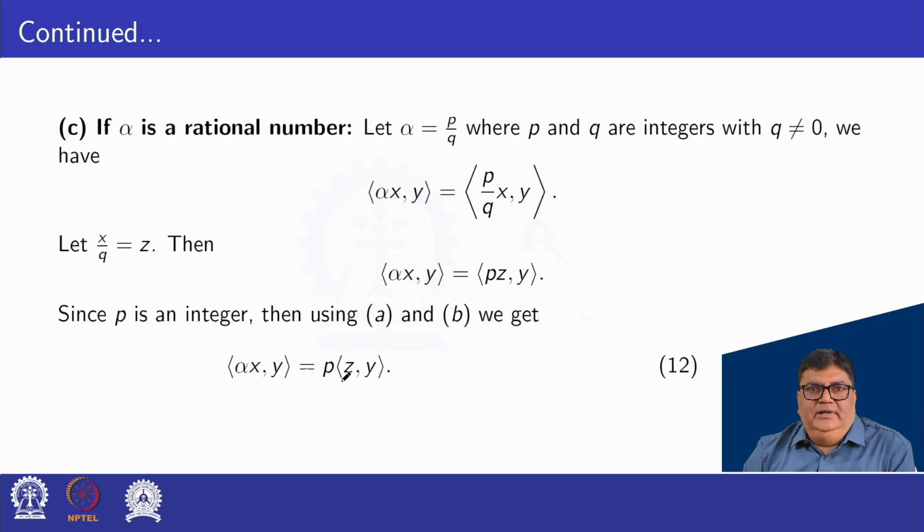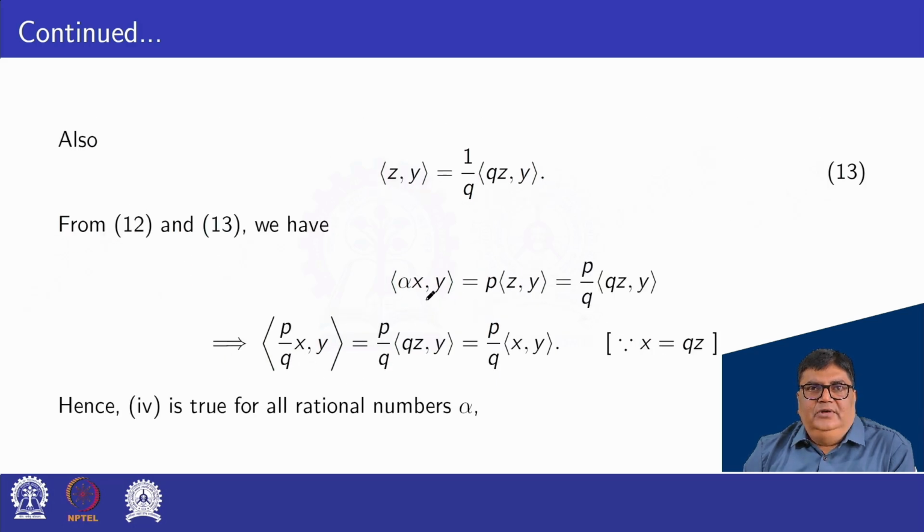From 12 and 13, inner product of alpha x, y is equal to p into inner product of z, y, equal to p by q into inner product of qz, y.